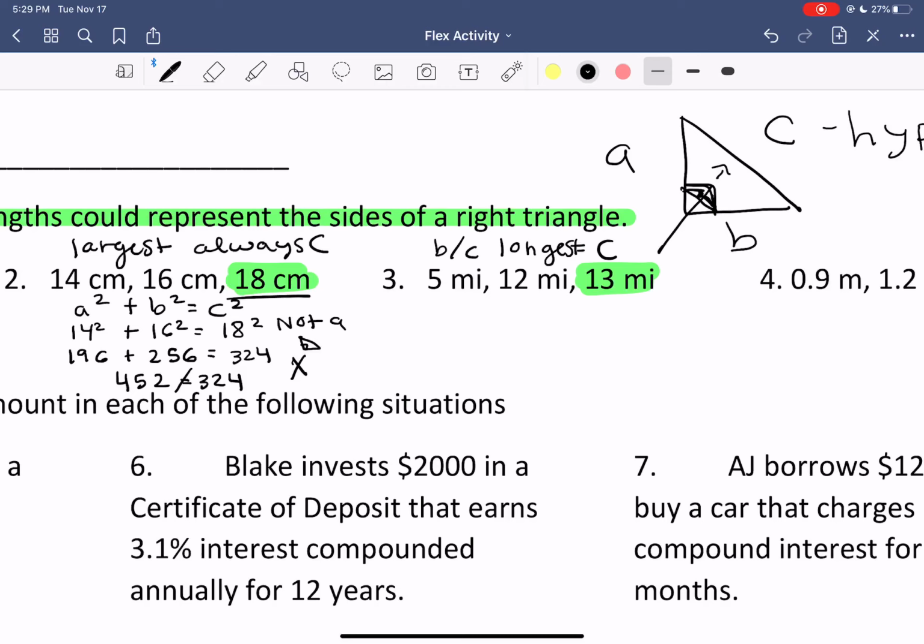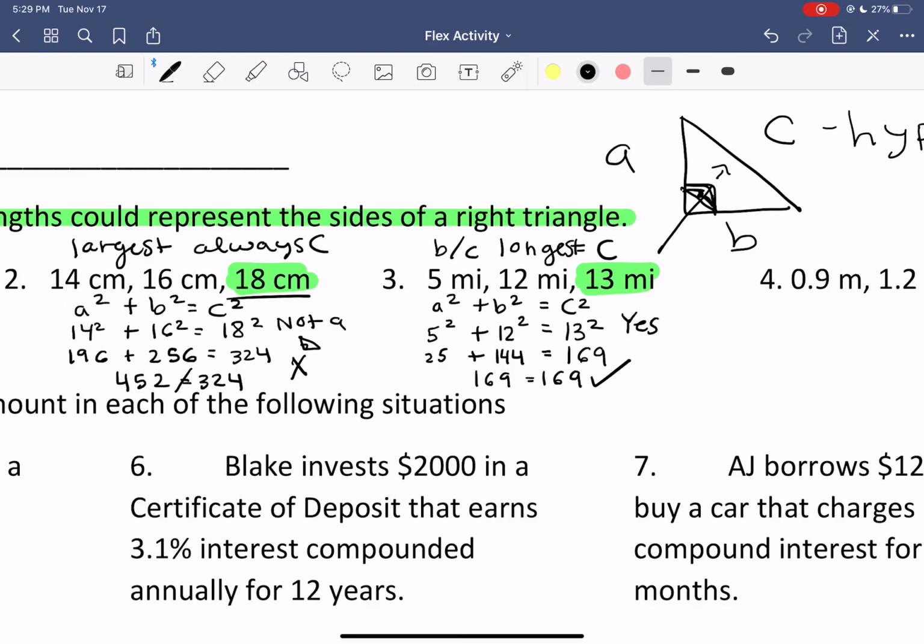We substitute into our formula, A squared plus B squared equals C squared: 5 in for A, 12 in for B, and 13 in for C. So 5 squared is 25, 12 squared is 144, and 13 squared is 169. 25 plus 144 is 169, so 169 does equal 169. Yes, we have a right triangle.